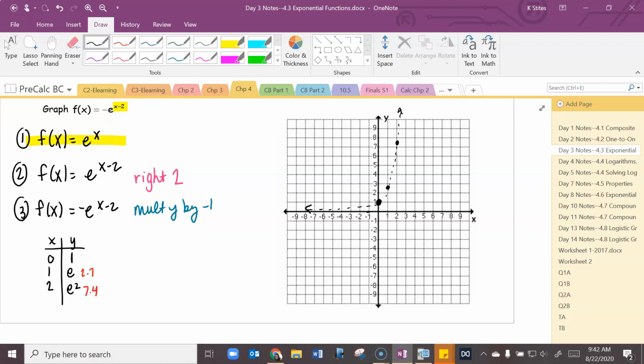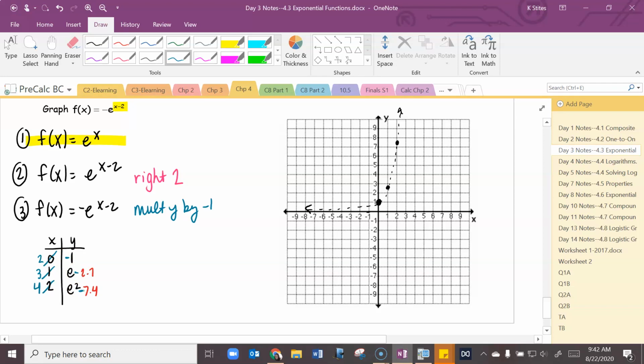So now let's go ahead and do our shifts. So right 2, that's your x coordinate that's changing. So all of these guys are just adding 2. And then we're multiplying y by -1. So all of these guys are just becoming negative.